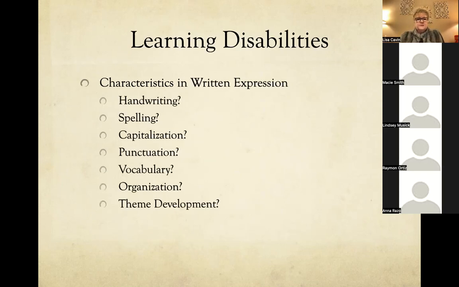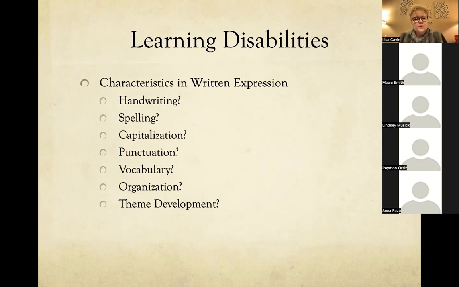Now, written expression is maybe a little less clear cut, because there are some areas that we look at and some that we don't. It would seem obvious that we would want to look at handwriting, but handwriting is really not something that we quantify in written expression.